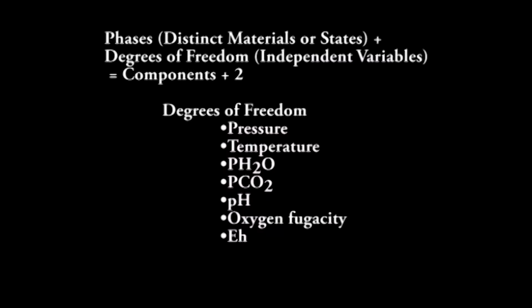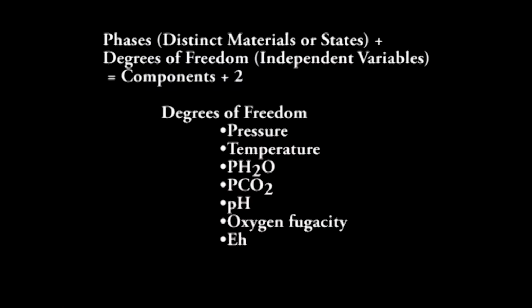The phase rule, Gibbs 1982: P, phases, are distinct materials or states, plus F, degrees of freedom, the independent variables, equal C, components, plus 2.